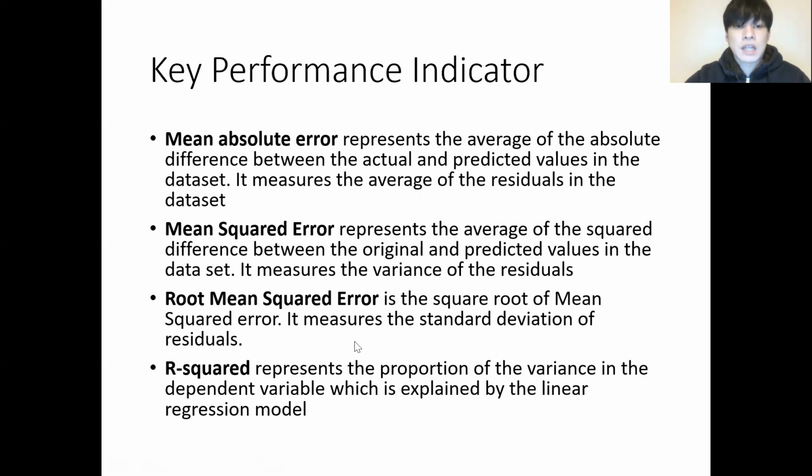Most of the time, you see people describe how their model performs using the root mean square error, which is the square root of mean square error. It measures the standard deviation of the residuals. So RMSE and MSE are the 2 most commonly used ones. And then R square as well, because some people might prefer R square. So these 4 are the commonly used performance indicators.